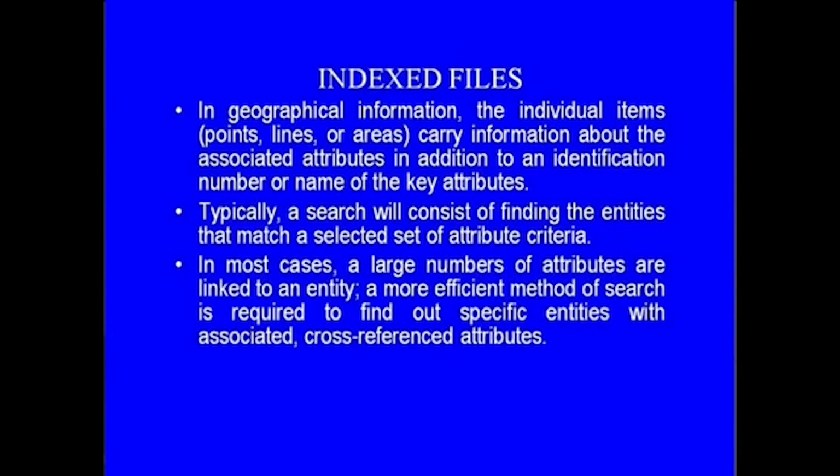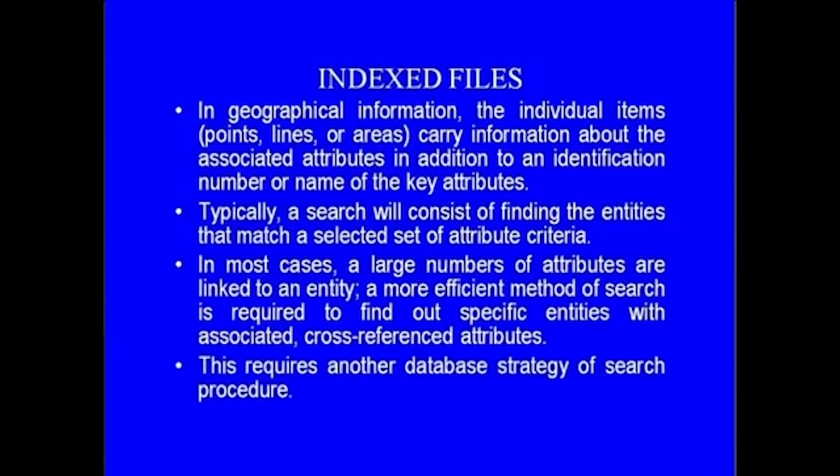In most cases, a large number of attributes are linked to an entity. A more efficient method of search is required to find out specific entities with associated cross-reference attributes. This requires another database strategy of search procedure.